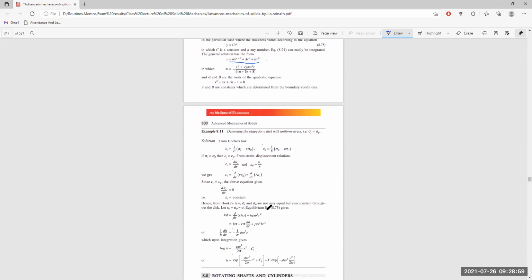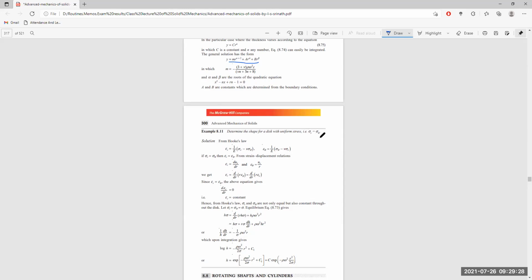Now, let us go through one practical problem itself. Determine the shape of a disk with uniform stress. They told you very clearly the condition, for uniform stress, sigma r is equal to sigma theta. It means the stress along the radial direction must be equal to the stress along the tangential direction.